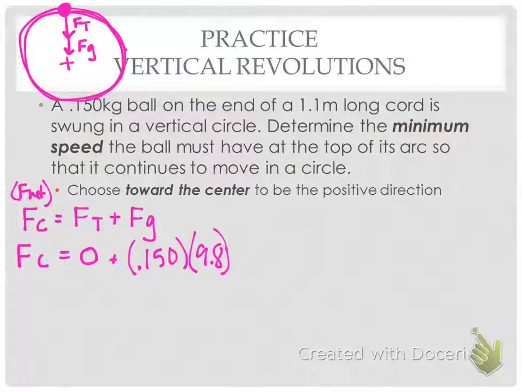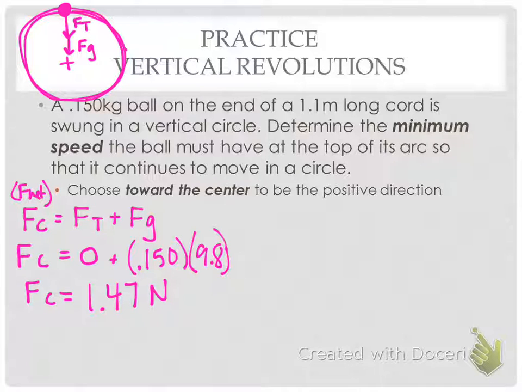Let's go ahead and solve that part first, with centripetal force. That's all that's holding it in that circular path, yeah. That's just the centripetal force. That's not the velocity.